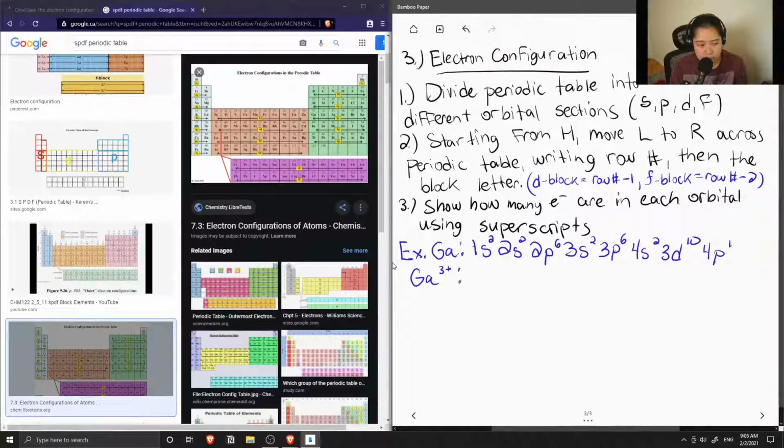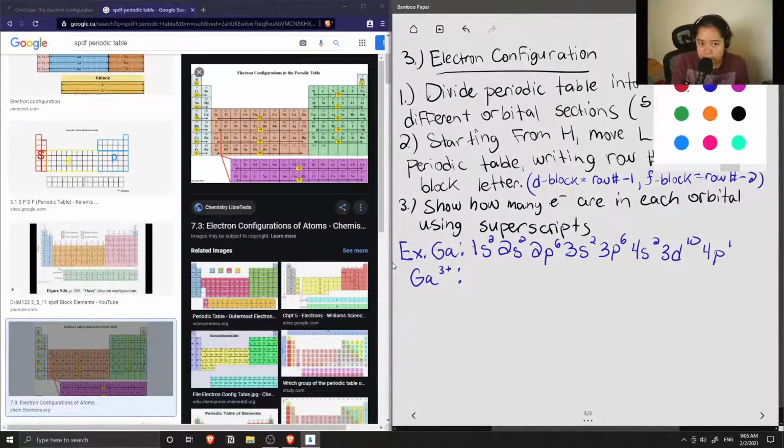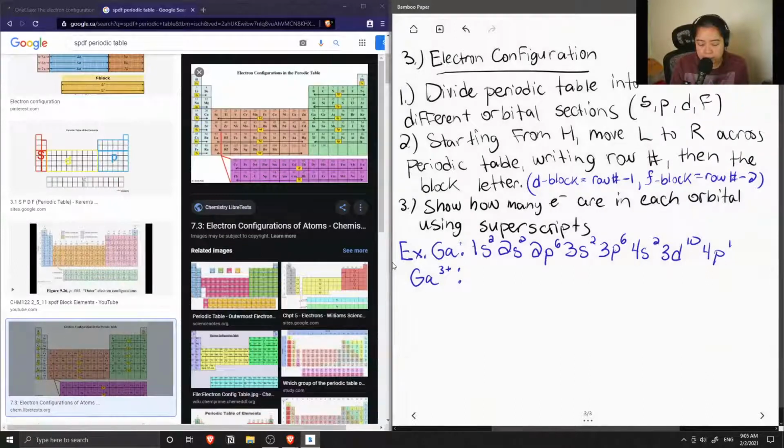Okay, so now when gallium loses 3 electrons, we need to draw the new electron configuration. So if we were to lose 3 electrons, we would actually lose the electrons in the 4 orbitals, so 4s and the 4p orbitals.